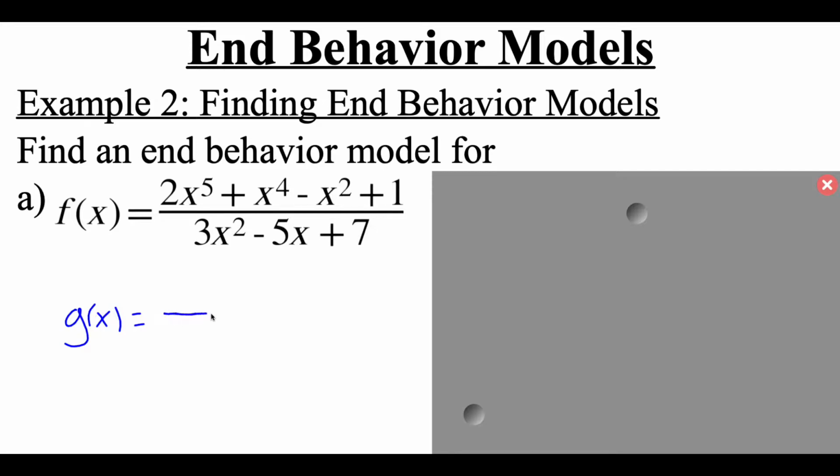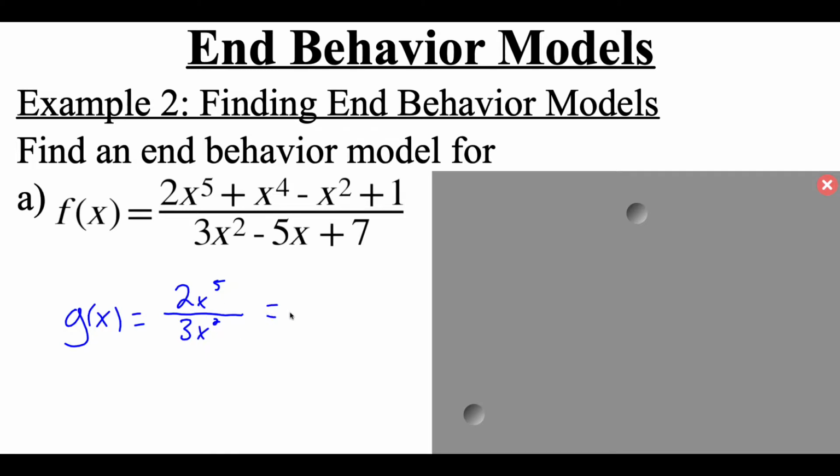As we're looking at the numerator, the leading term, the thing with the highest powered x on it, is that 2x to the fifth. So 2x to the fifth is going to be a good end behavior model for the numerator. And for the denominator, the leading term is that 3x squared. So those two pieces together are going to have the biggest impact on the end behavior of our graph.